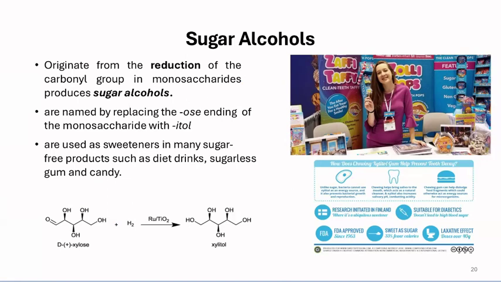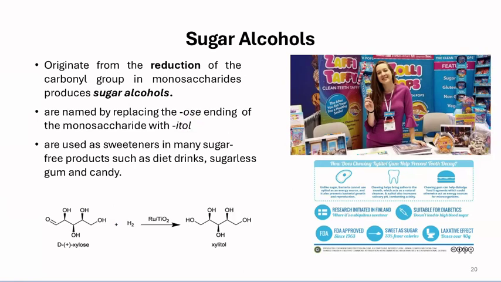Sugar alcohols originate from the reduction of the carbonyl group in monosaccharides. When naming sugar alcohols, all we're doing is replacing the -ose ending in the monosaccharide name with the ending -itol. So the names of sugar alcohols end in -itol.